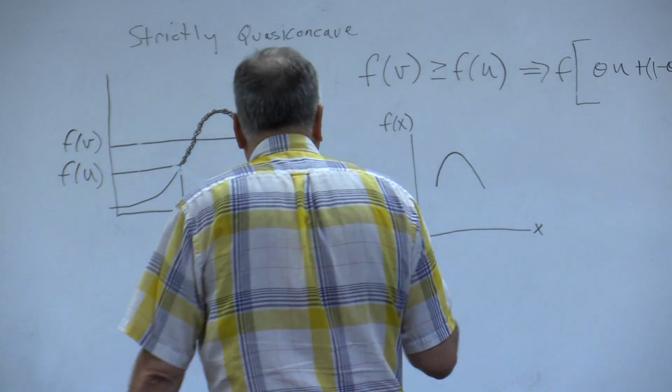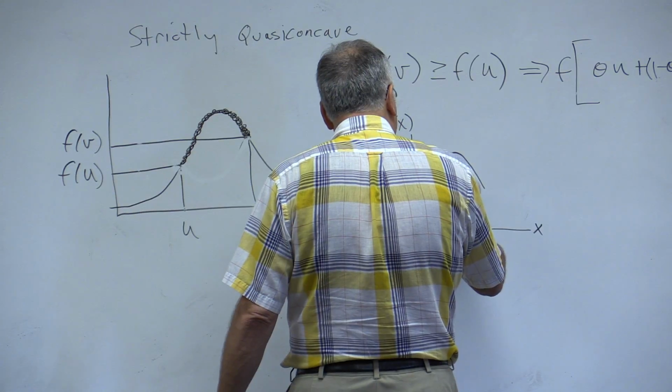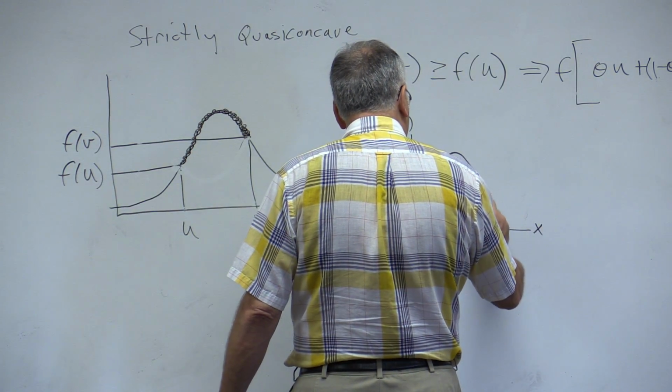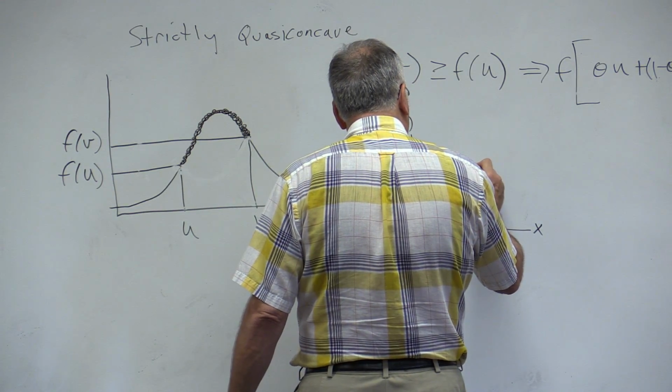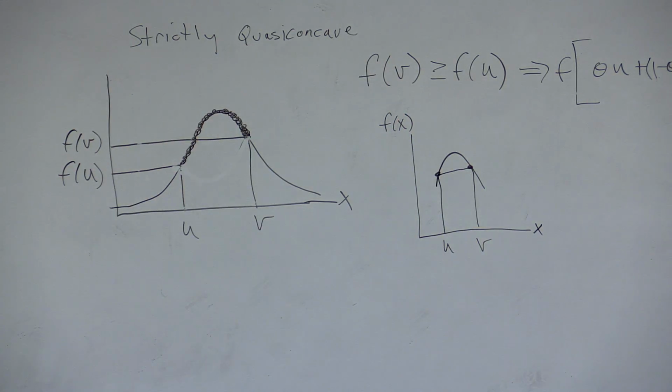If you pick any two points, u and v, and connect them with a straight line, the straight line has to lie everywhere strictly below the height of the function, except at the points themselves, of course.